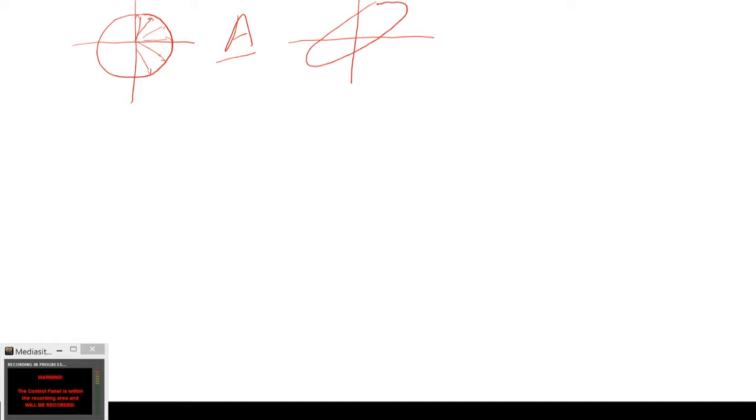Now, when this happens, most vectors are going to change direction. You can imagine if I start with the vector that goes along the x-axis and I stretch my circle out along 45 degrees, this vector is going to get longer, but it's also going to change its angle.